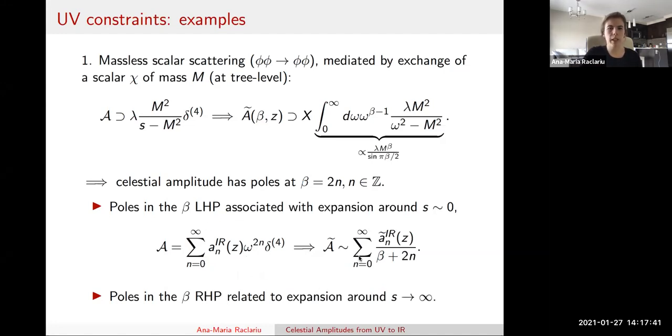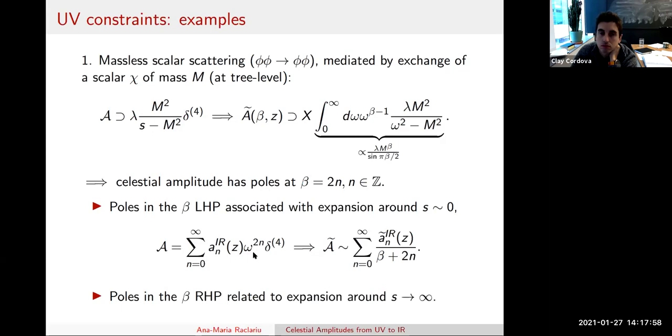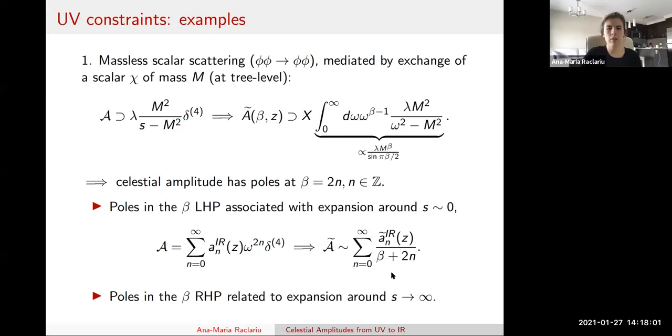Now, similarly, one can do the same expansion of this function around S going to infinity, in which case these coefficients are going to be replaced by some A_UV, and this expansion in powers of omega is going to be replaced by an expansion in powers of inverse omega, which is then going to give a celestial amplitude with poles at beta equal to 2n instead, for positive n.